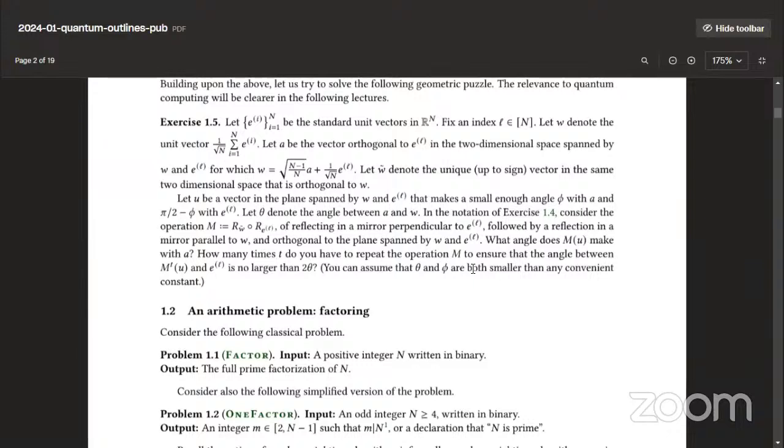So right, so there will be a unique... So the picture is something like this.